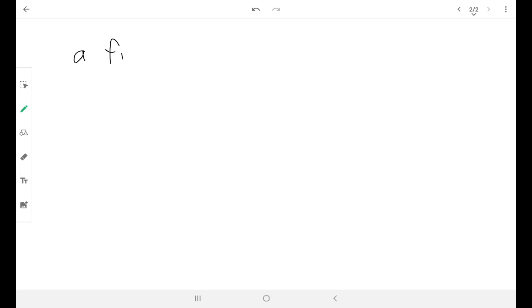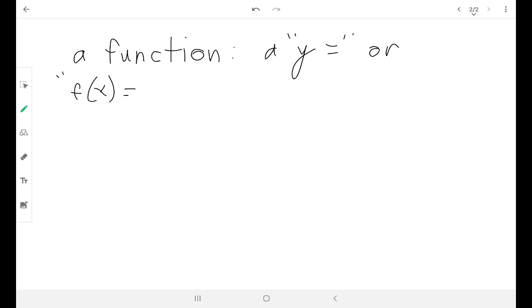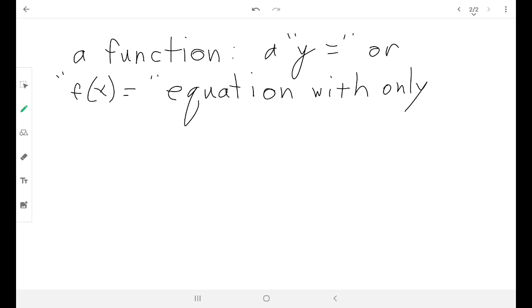A function. Let's talk about what a function is. A function is a y equals or an f of x equals equation with only one answer.